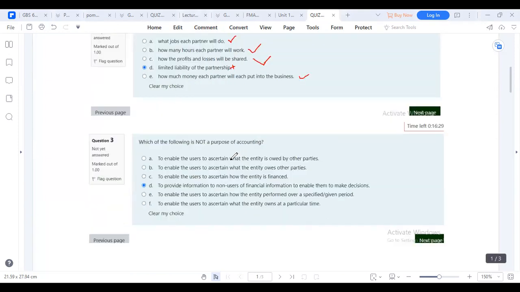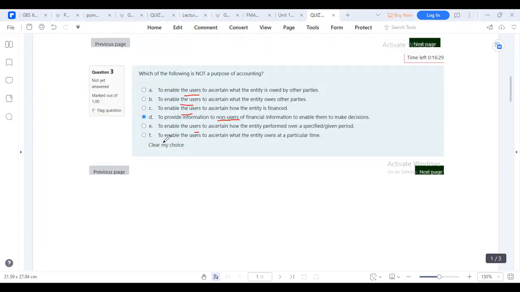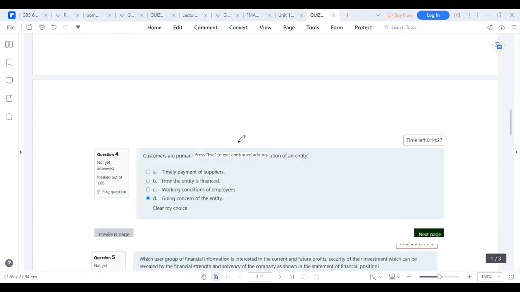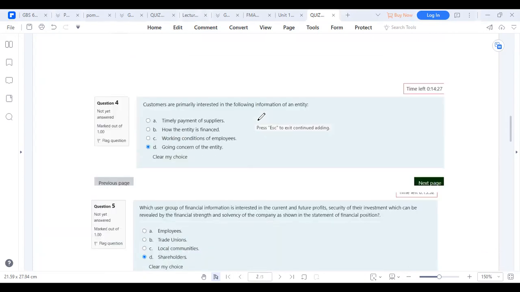All right, which one is not a purpose of accounting? To provide information to non-users. It is only for users. So D is out. Customers are primarily interested in the following information of an entity.